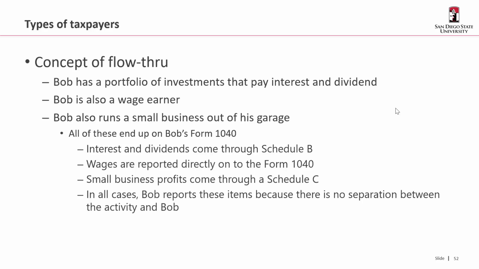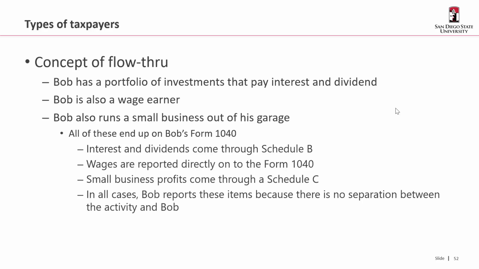So interest and dividends come through what's called a Schedule B. Wages, as we saw earlier, would be reported directly on Form 1040. And small business profits come through a Schedule C. In all cases, Bob reports these items directly because there's no separation between that activity and Bob. Bob is the owner of all these activities.